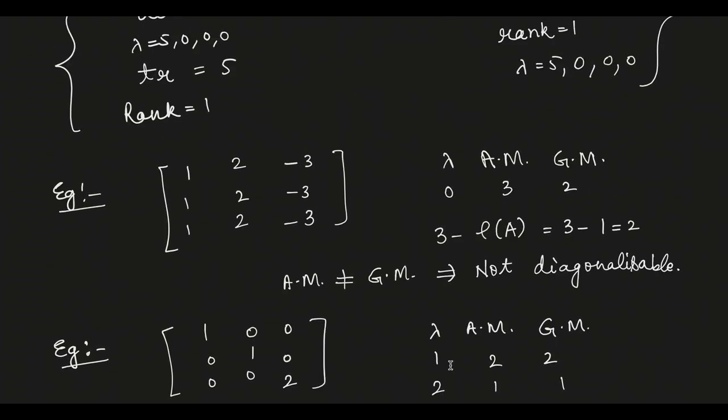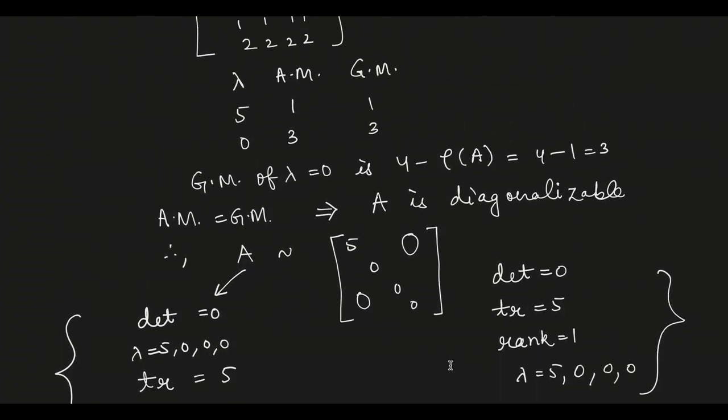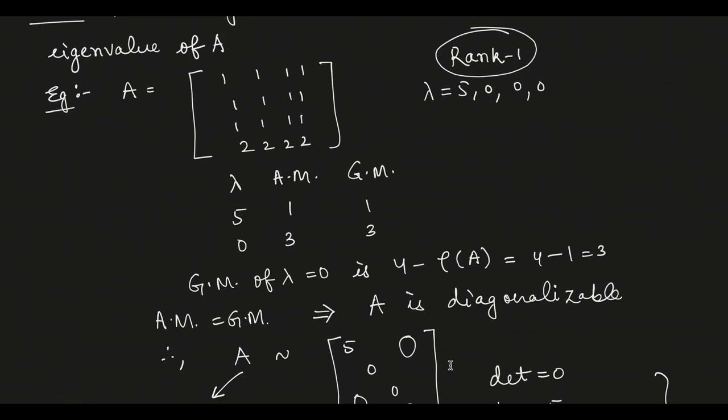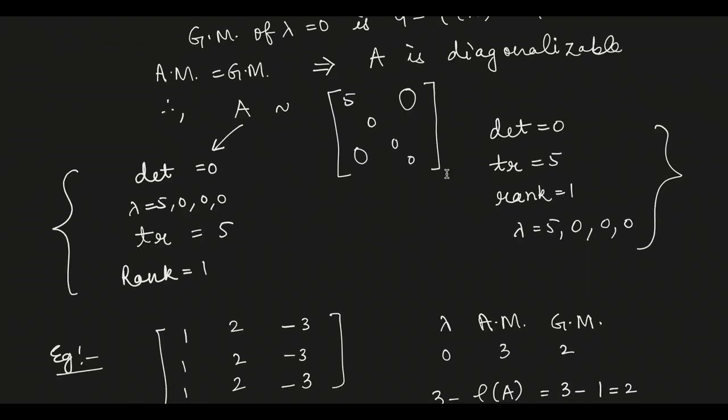For example, if I take this matrix only, this is diagonalizable but the given matrix was not a diagonal matrix, na? This is not a diagonal matrix, because what is a diagonal matrix? Entries are there on the diagonal only, na? The rest are 0.